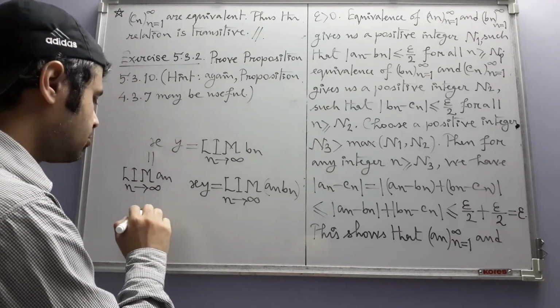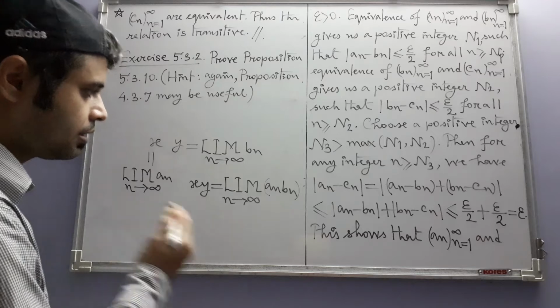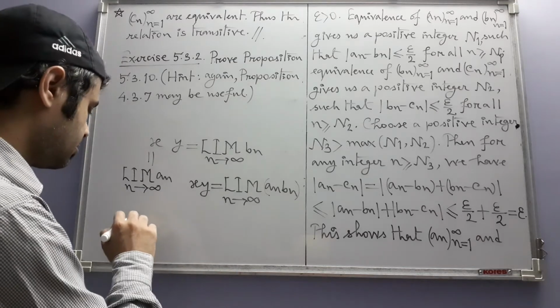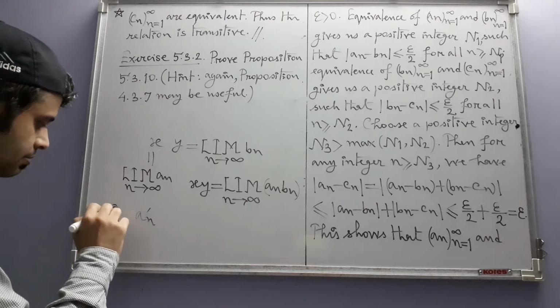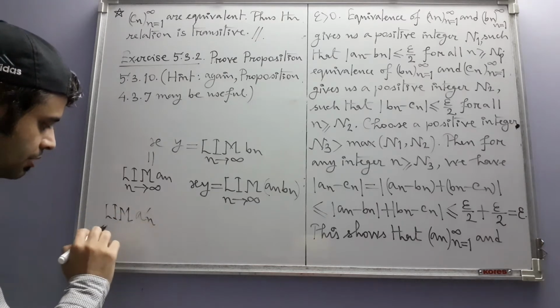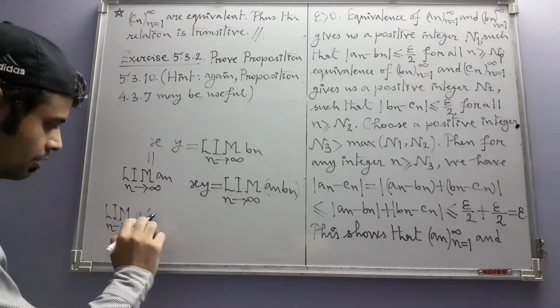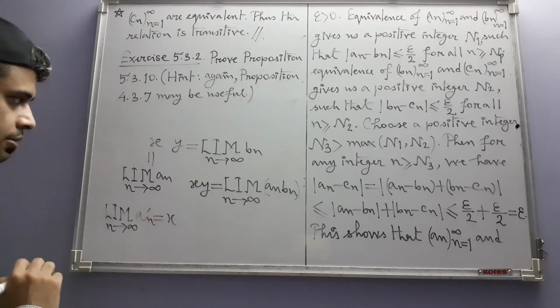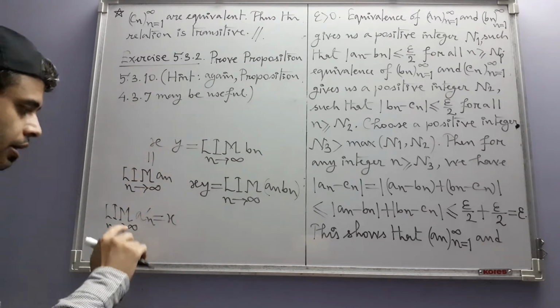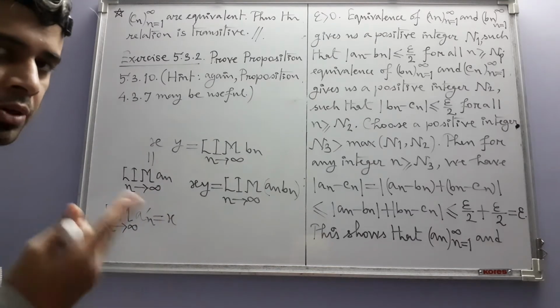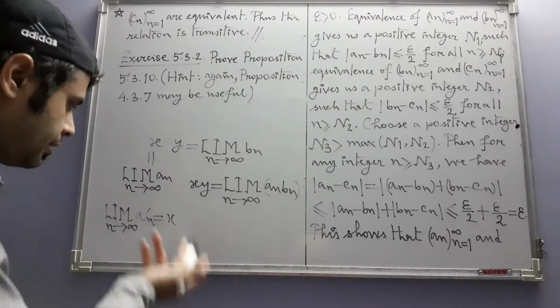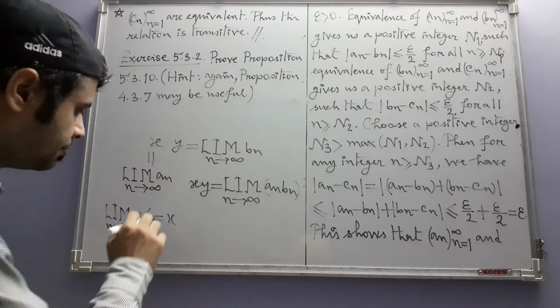And then we need to show that if there is another equivalent Cauchy sequence an prime such that the formal limit of an prime is also equal to x, that is, the same real number is being given by two equivalent but possibly different Cauchy sequences. That is possible, we have already seen.